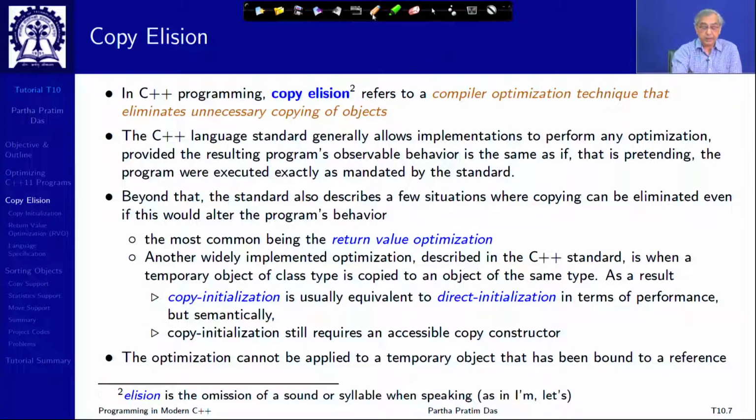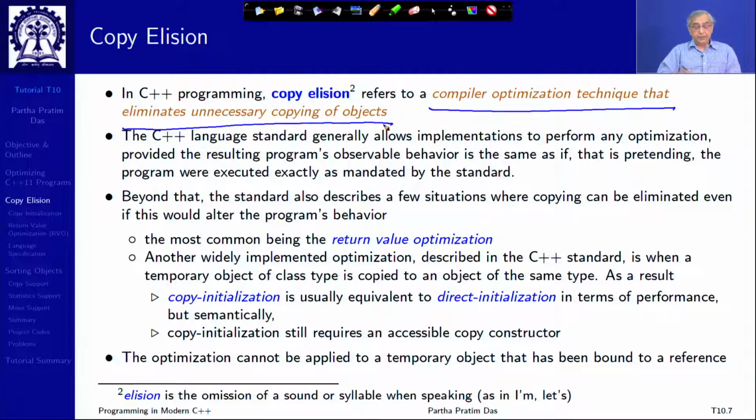As I told, it is a compiler optimization technique that eliminates unnecessary copying of objects, and there are several such which exist, the most common being the return value optimization. I have talked about this earlier, but in this tutorial I am going to talk about it at a little longer length. The other place where copy elision can be used effectively is copy initialization.